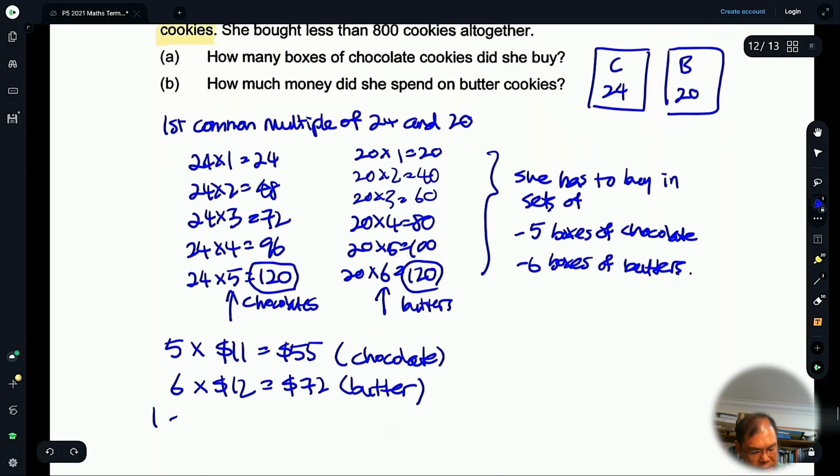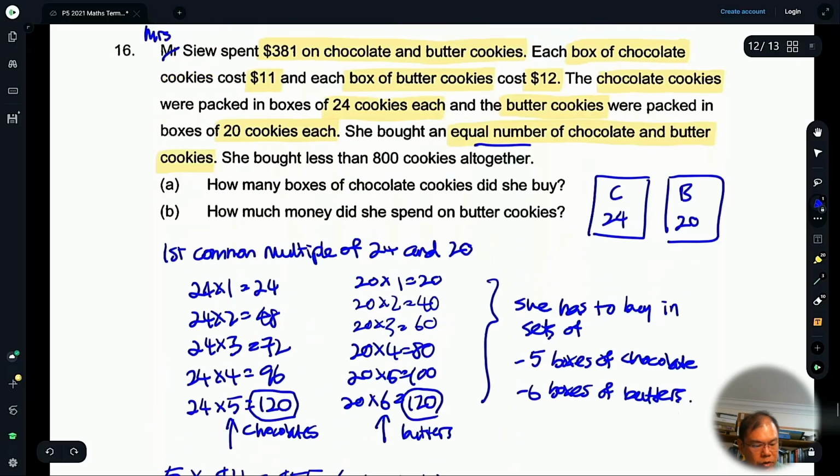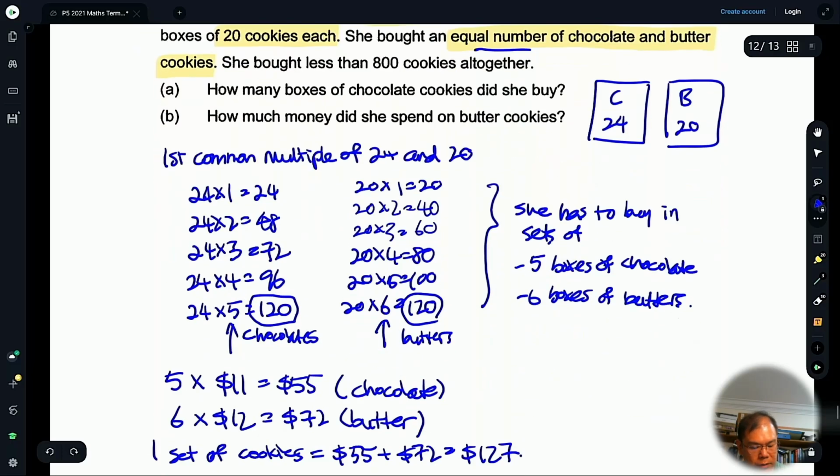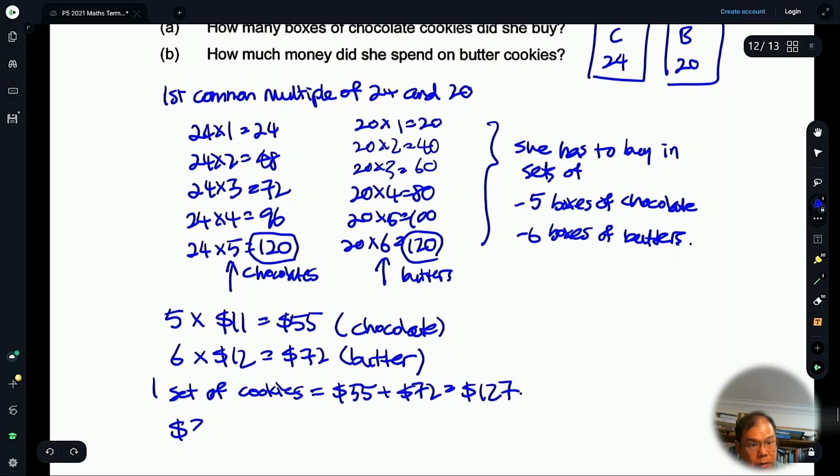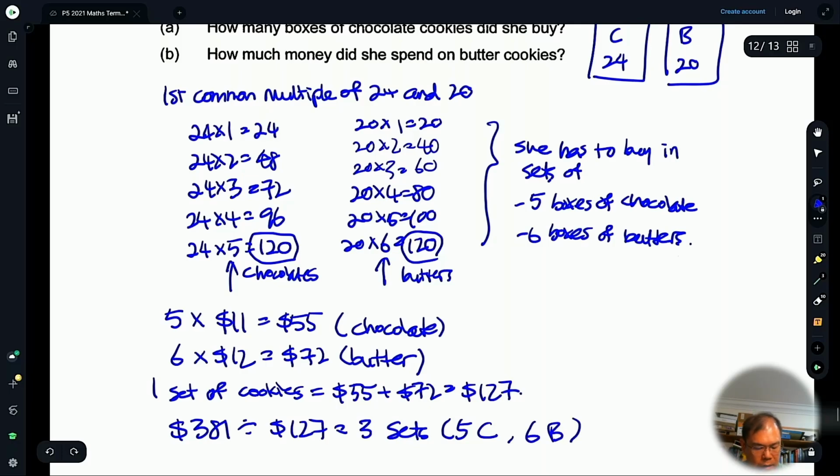So one set of cookies is $127. Now she spent a total of $381. Okay, divided by $127 per set means she bought a total of 3 sets, which consists of 5 boxes of chocolate cookies and 6 boxes of butter cookies, right?